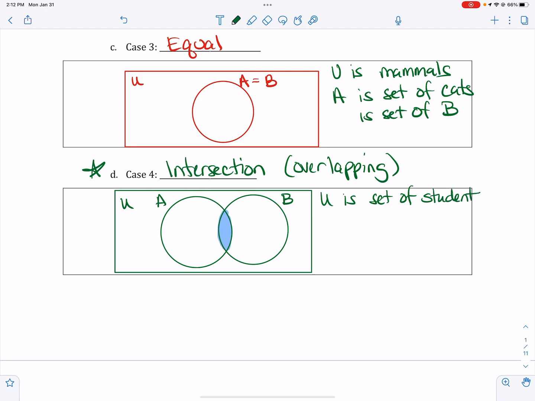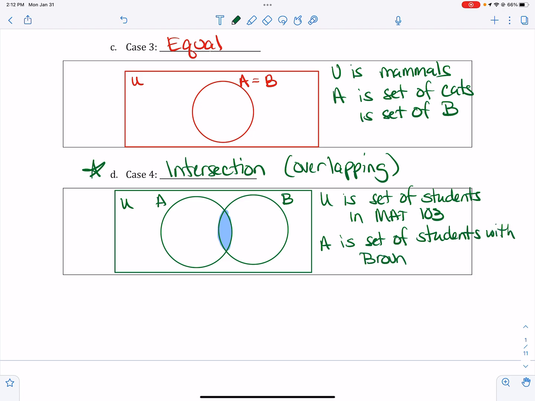Okay, so let's say that U is the set of students in Math 103. And let's say A is the set of students with brown hair, and B is the set of students with, let's say, blue eyes.